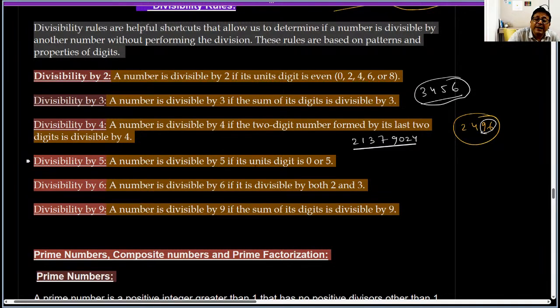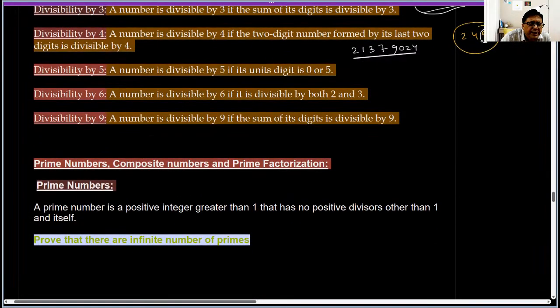Number divisible by 5 if its units digit is 0 or 5. Number divisible by 6 if it is divisible by both 2 and 3. Number divisible by 9 if sum of digits is divisible by 9. Please remember all. Then prime number, primality, composite numbers, prime factorization.